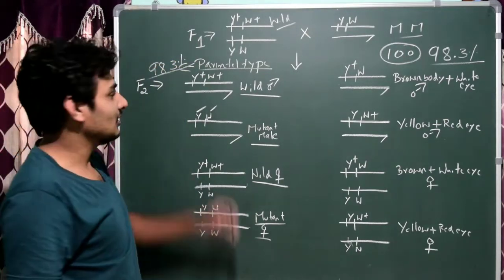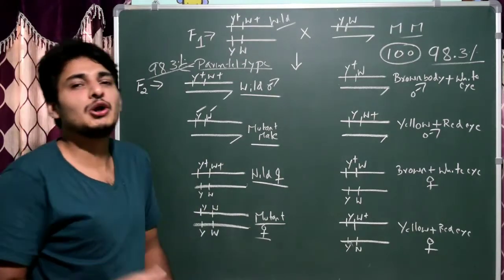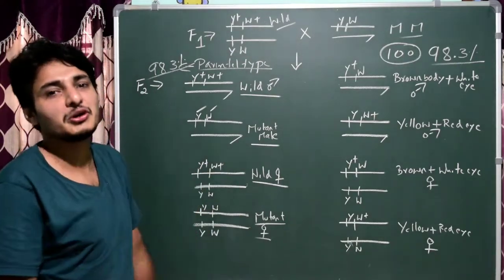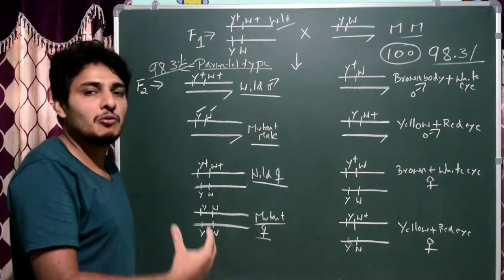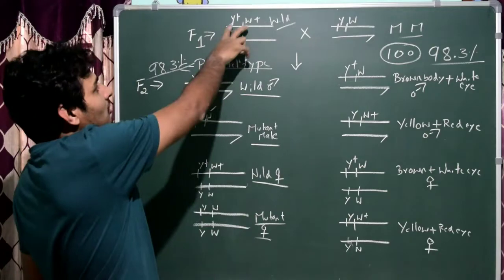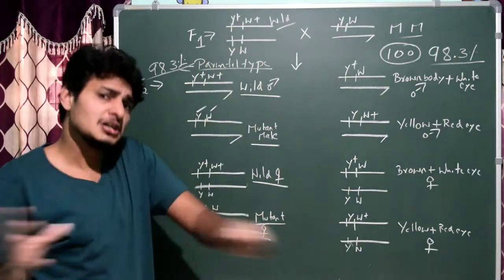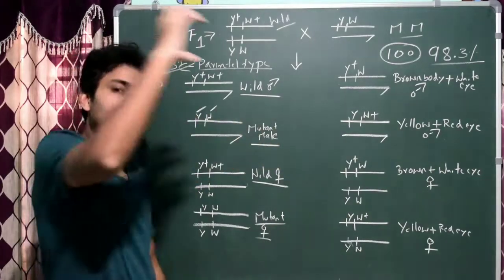That means the two different genes present on the X chromosome did not segregate or separate during crossing over. If crossing over had happened, the two genes, Y plus W plus or YW, whatever it is, would have shifted together to another X chromosome.